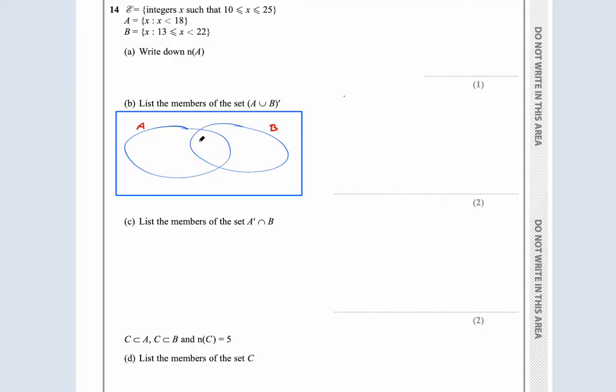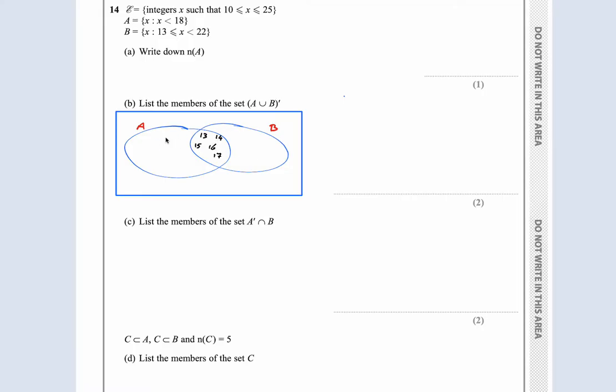So what goes in the middle has to be 13, 14, 15, 16, and 17. That is because A is less than 18, so we can't have any more numbers in A greater than 17, and B is greater or equal to 13, so I can't put any numbers less than 13 in B.